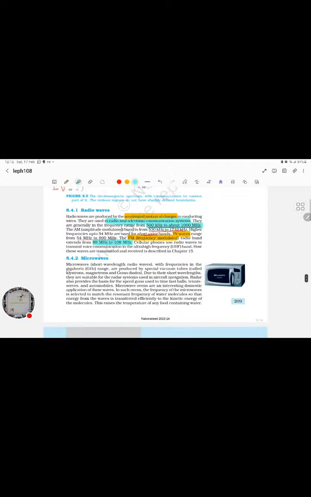So basically we have been filled with a lot of data. First, production: accelerated charge is the production house. Now we have certain ranges.